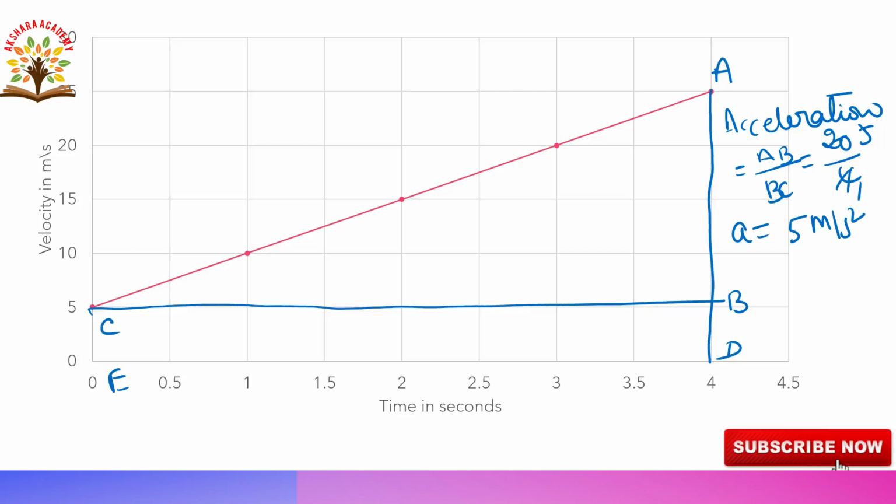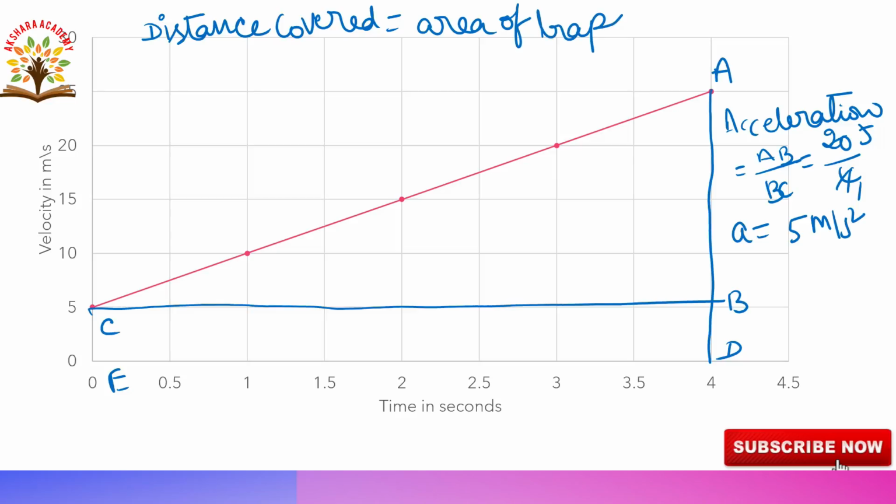Again, distance covered is equal to the area of the trapezium ADEC.